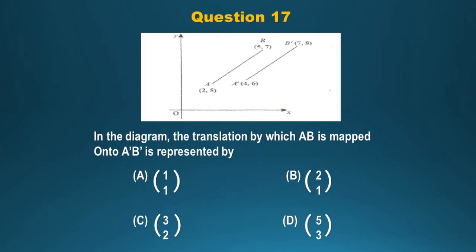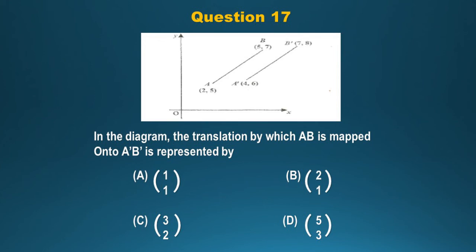This is another interesting question. They said in the diagram, the translation by which AB is mapped onto A prime B prime is represented by. So here we have a line segment AB mapped onto A prime B prime by some translation. Now, they're asking us to find that translation.